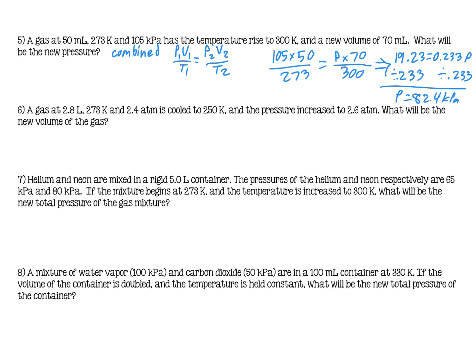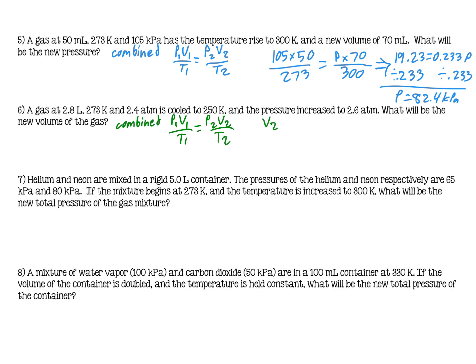In number 6, a gas at 2.8 liters, 273 Kelvin, and 2.4 atm is cooled to 250 Kelvin, and the pressure increased to 2.6 atm. What will be the new volume of the gas?